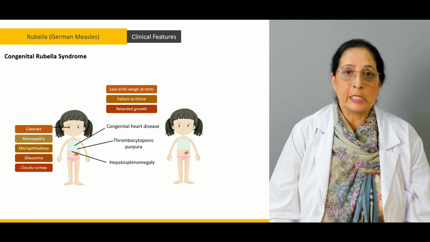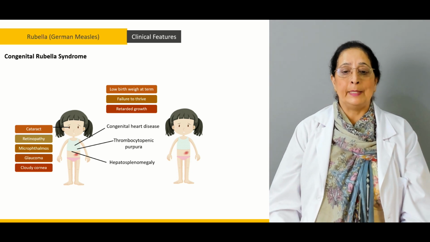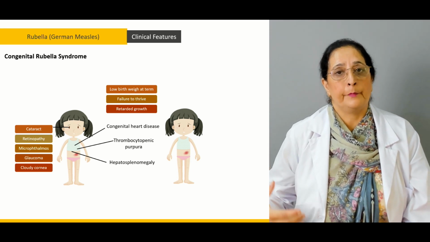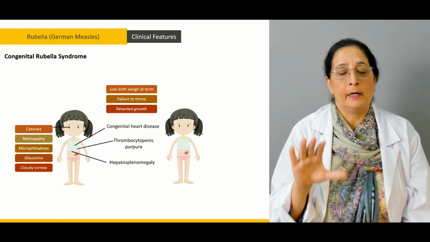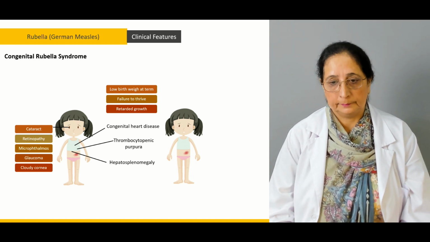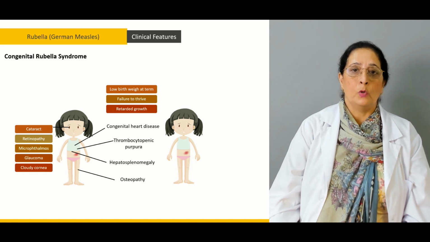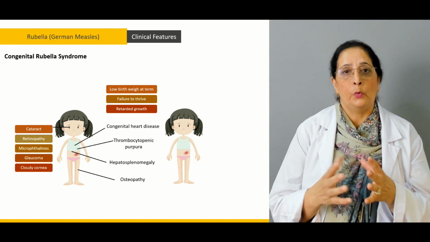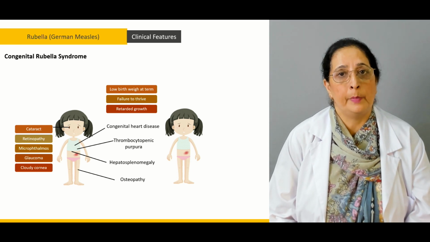Then there is hepatosplenomegaly. Both the liver and the spleen are enlarged, and you can feel the liver and spleen in the abdomen when they are enlarged. Then there is osteopathy. Osteo is the bone. There is pathology or abnormality of the bone that is also present in congenital rubella syndrome.